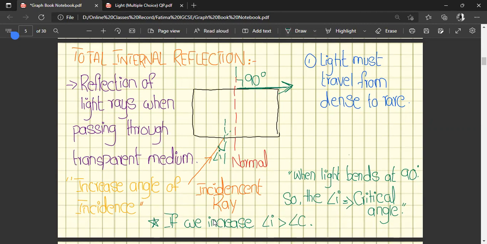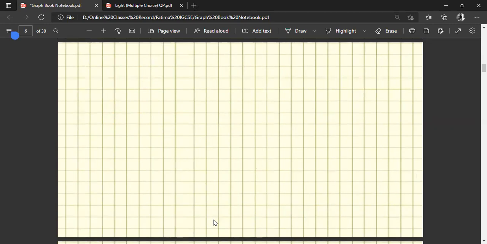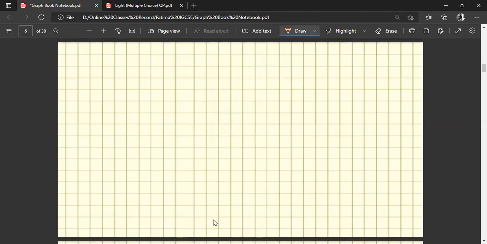After passing through the medium light will completely reflect like this.